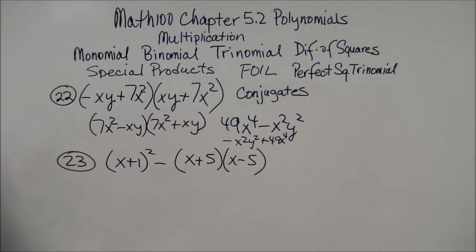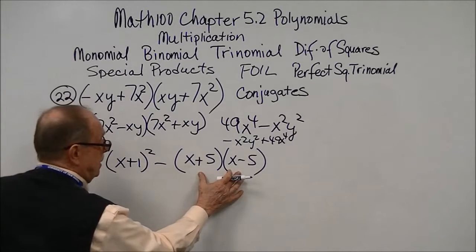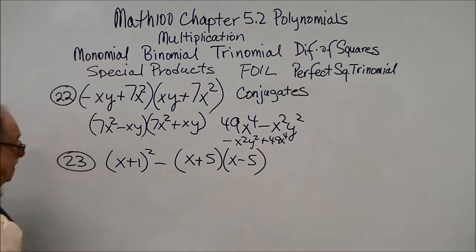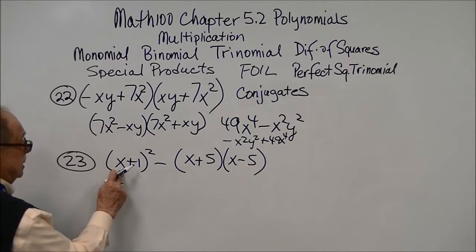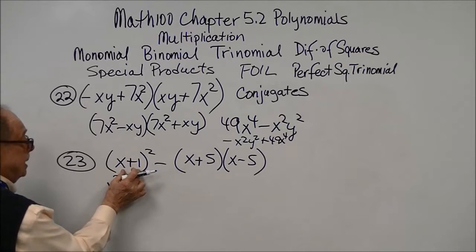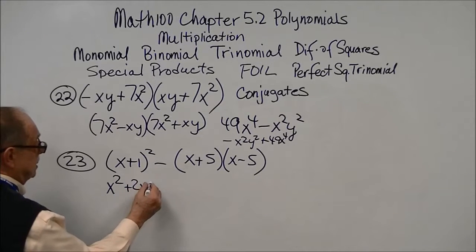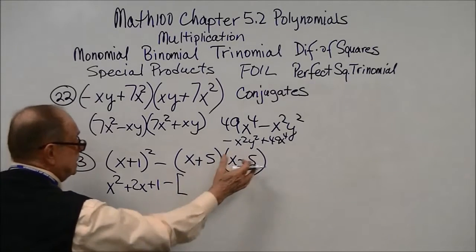All right, this one's sort of interesting because it's using both of the techniques. Squaring a binomial, and then we have the conjugates here, but a negative sign between them. So let's just do it. So this is going to be x squared, square the first term, multiply these two terms together, double it. Now minus, I'm going to put a minus and put this in like a bracket here.